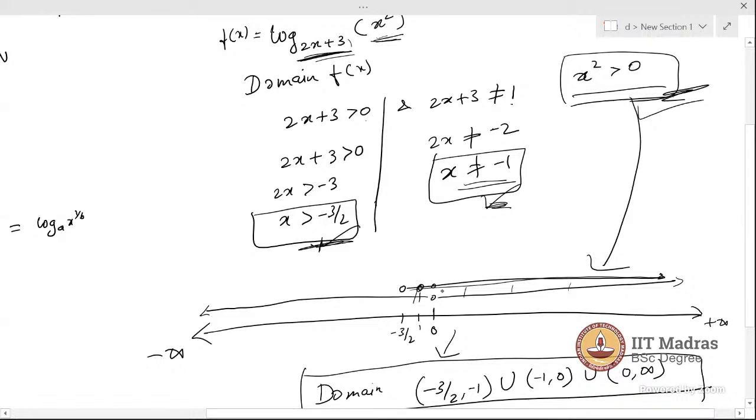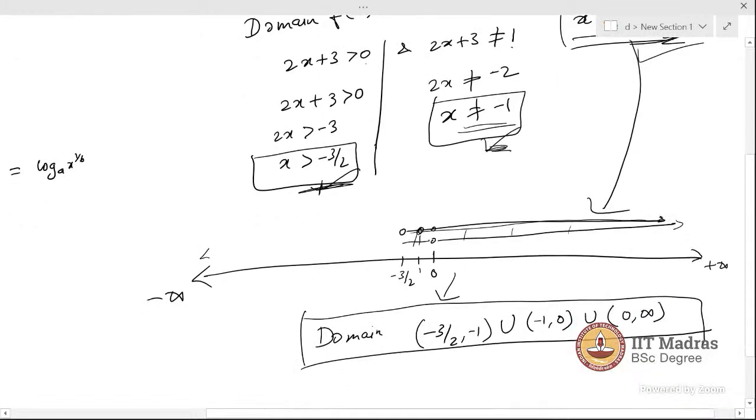If I combine all these, this will not be in my intersection region, so we can simply omit it. The intersection of all these gives this part: -3/2 to -1, union -1 to 0, union 0 to infinity. This becomes the domain of our f of x.